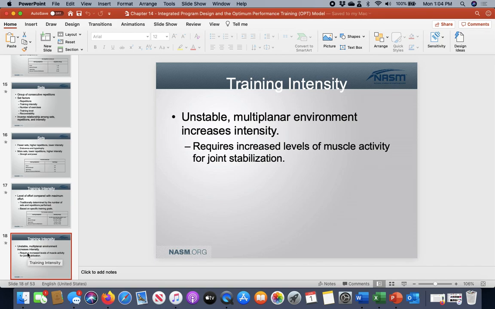So we have to be very clear on that, because when you're doing something unstable, just say you're trying to max load your flat bench dumbbell press. Okay, so there's no incline, there's no decline, it's flat bench. If you're trying to use 100-pound dumbbells and you've never really used them before, but you got 3 reps on them, okay, that's great.